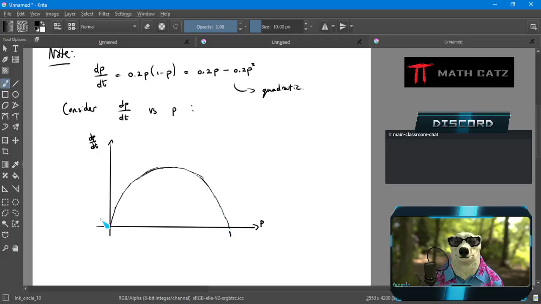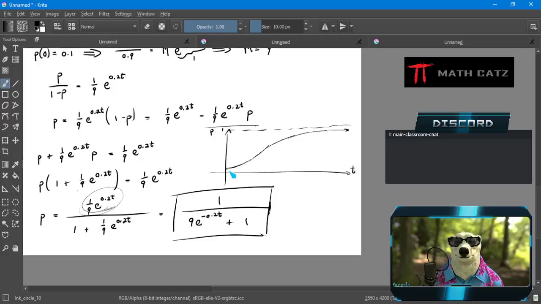So as p increases from 0 to 1, which is going to happen with time passing in the background, the growth rate is going to increase and then the growth rate is going to decrease. You can see that in the graph, that the growth rate, which is still the slope of this graph, increases up to a point, the inflection point.